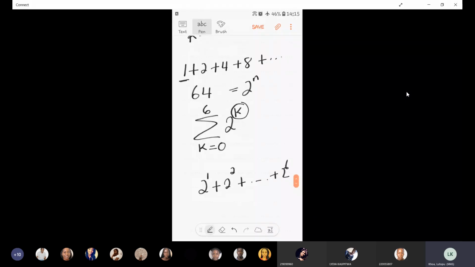So I do not leave out any of the numbers. That is why my starting point has to be at 0. Then this 64, I will rewrite it as 2 to the power of 6. So I'm adding numbers starting from 2 to the power of 0, 2 to the power of 1, 2, 3, 4, 5, and 6. So k goes from 0.